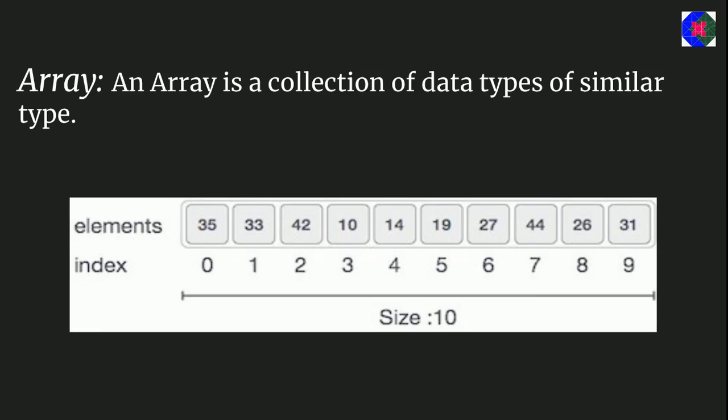So instead of storing all the roll numbers separately in an integer variable, what we do, we create an array of integers and store the various roll numbers corresponding to each of the indexes of the array. So this lets us save a lot of memory.